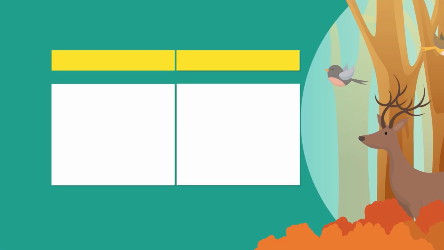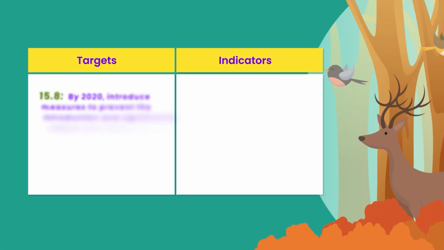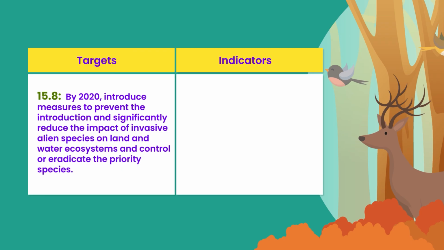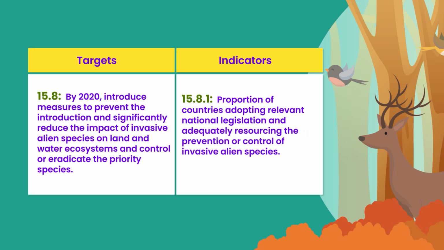Target 8 talks about introducing measures to prevent the introduction and significantly reduce the impact of invasive alien species on land and water ecosystems, and to control or eradicate the priority species. To look into this progress, we have the proportion of countries adopting relevant national legislation and adequately resourcing the prevention or control of invasive alien species.